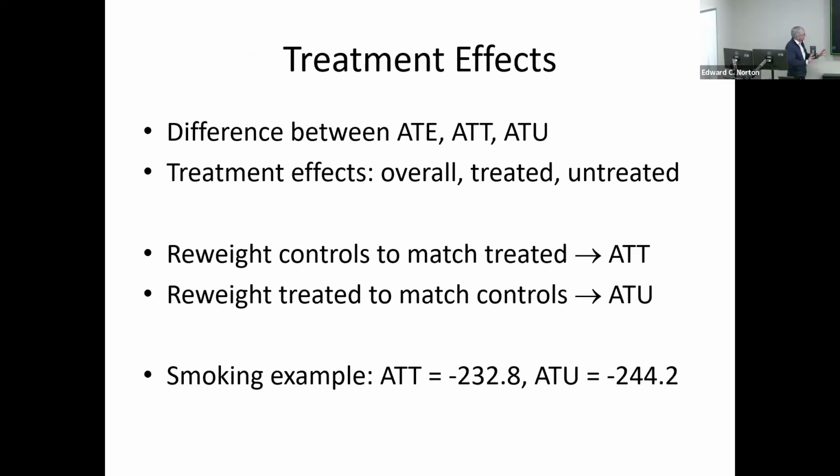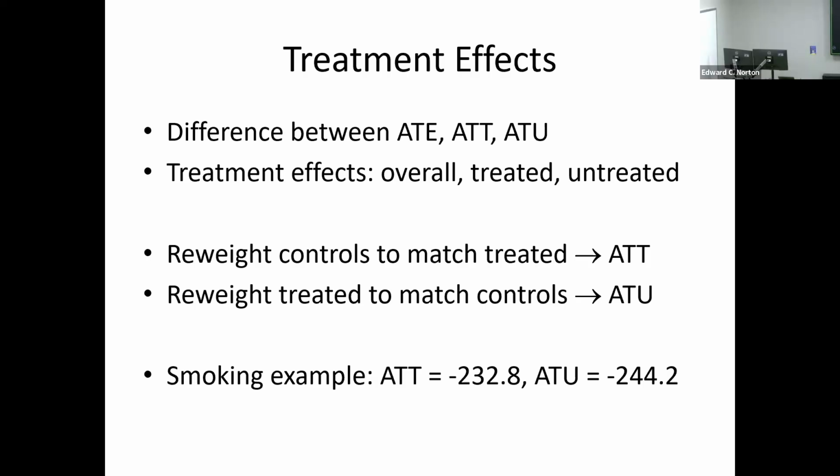Second, treatment effects. Briefly, because either you've seen this before or you haven't, in the causal inference world, people talk about average treatment effects on the treated versus average treatment effects on the untreated, and sometimes some other things. One of the nice things about teaching entropy balance is it really makes clear the difference.